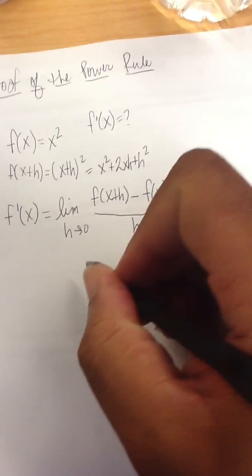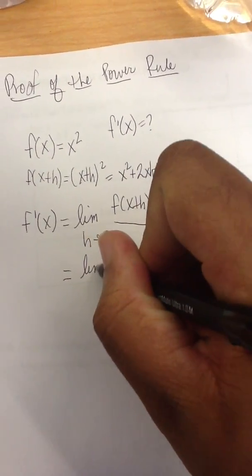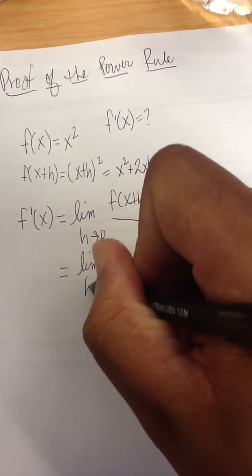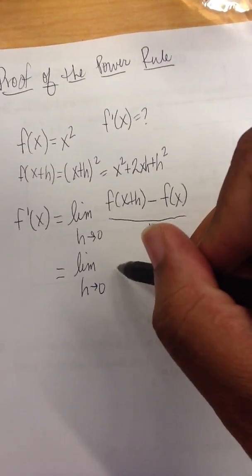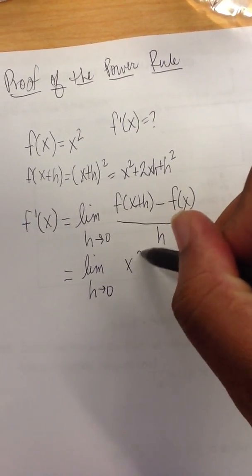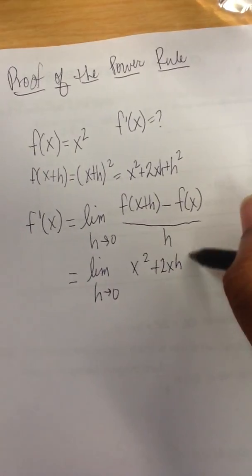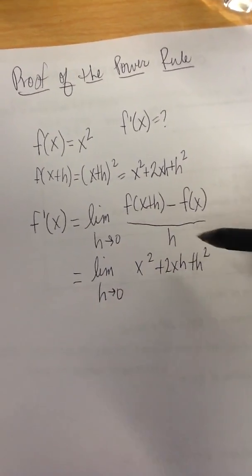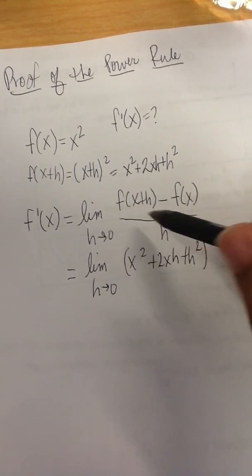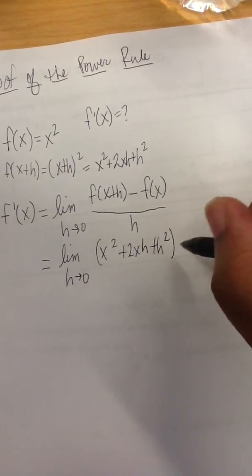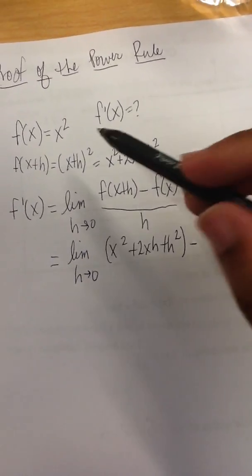Then I plug it into my difference formula. Limit as h approaches 0 of x squared plus 2xh plus h squared, so that's all f of x plus h. Then I'm supposed to subtract whatever f of x was.